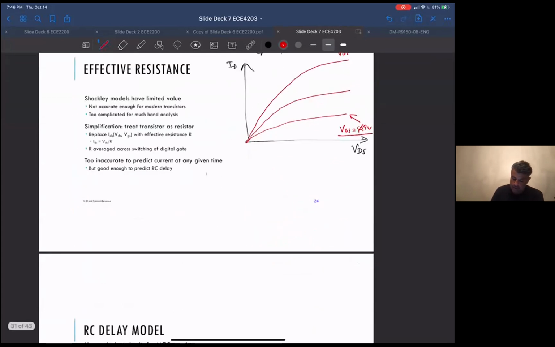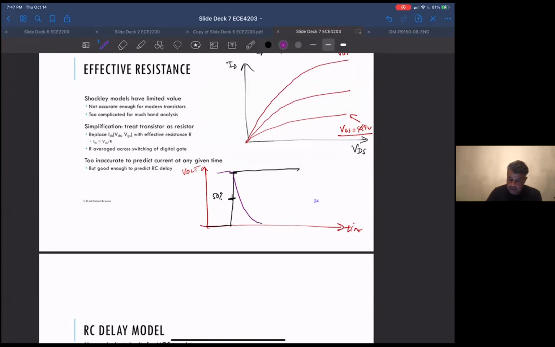Because if you look at what happens when we're doing prop delay, we're looking at the 50% point on the input, and we want to know what happens when the input has transitioned from this 50% point to the full value, because that's the range of time over which the output is falling.